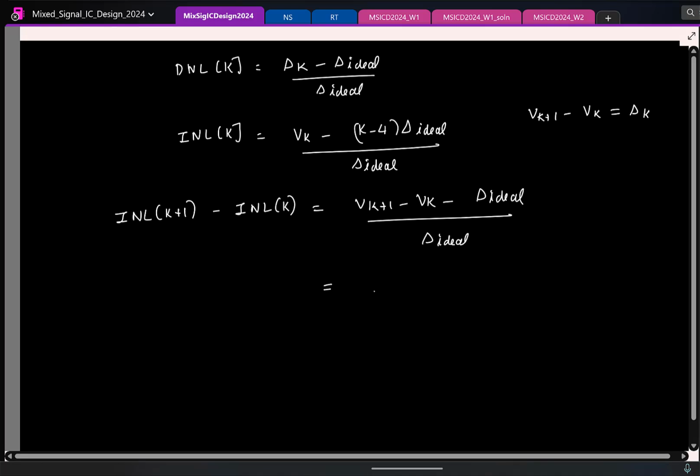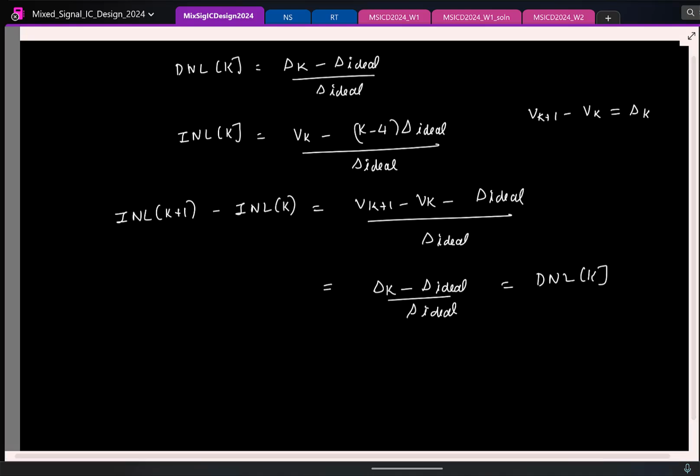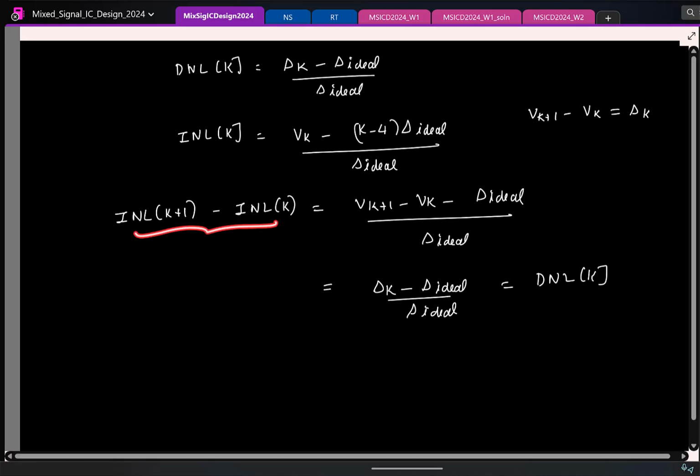So this is basically delta K minus delta ideal by delta ideal. These are all minor algebra. So that's why it's also given this name. To answer this question, if I take the first difference of INL, I get DNL. Or the inverse relation is, if I accumulate DNL, I get INL.